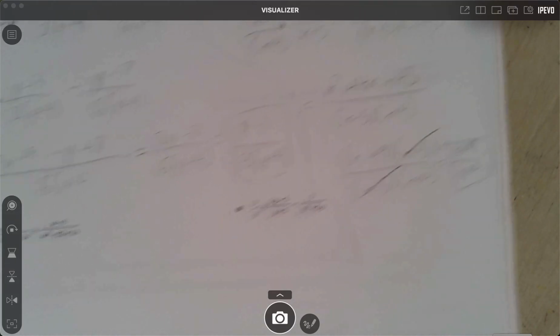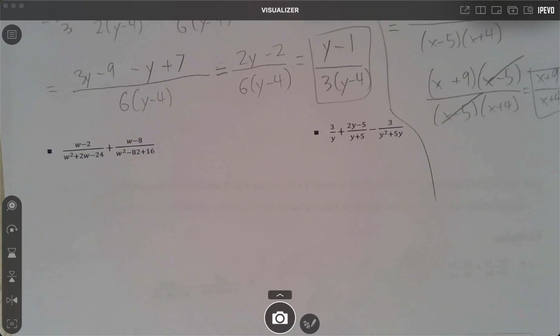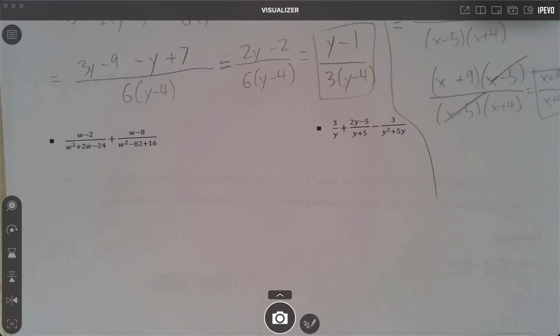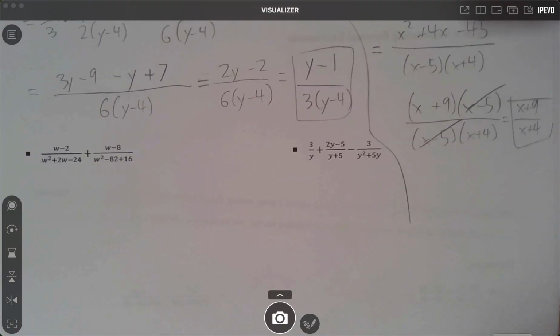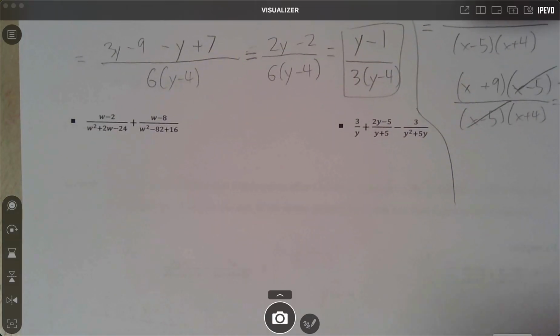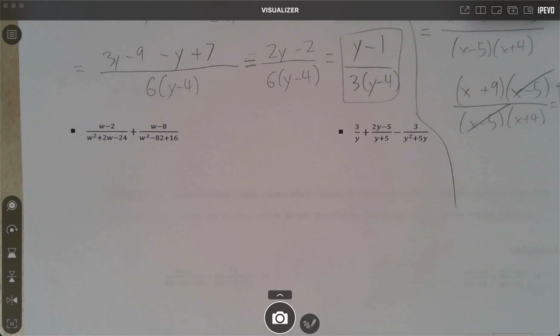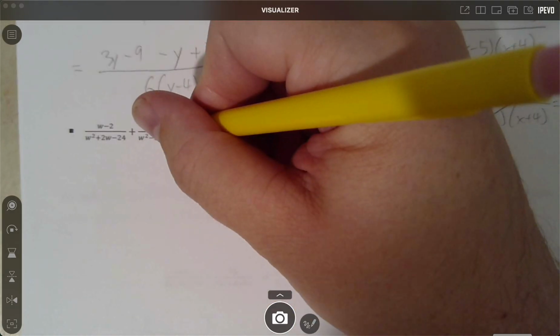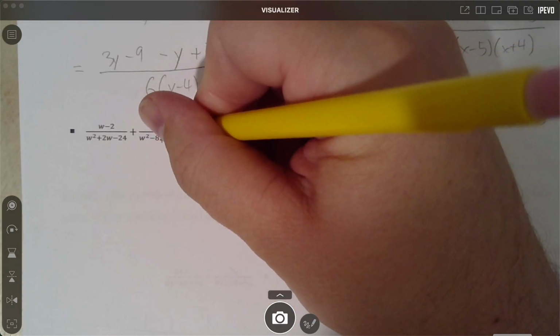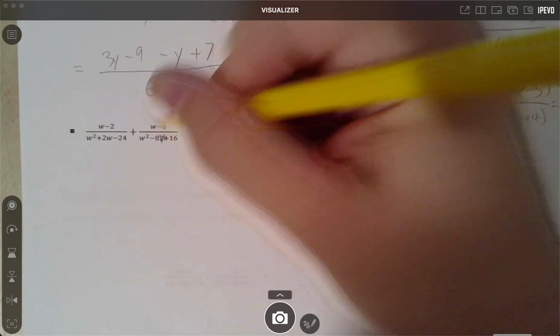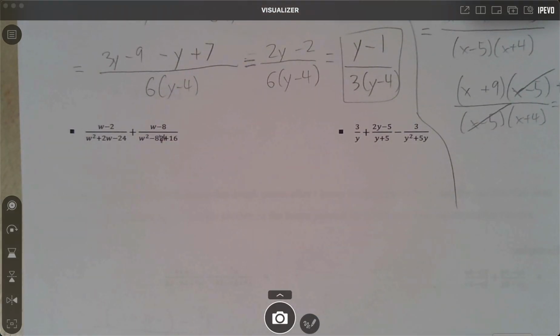Great. All right. This next one is probably one of the more intense ones, but it's definitely worth doing. It's one that you'll definitely see in a college algebra setting. So first thing, that shouldn't be 82. That should be 8w. The 2 and w are just next to each other, so sorry about that. That's 8w. But let's keep on going.